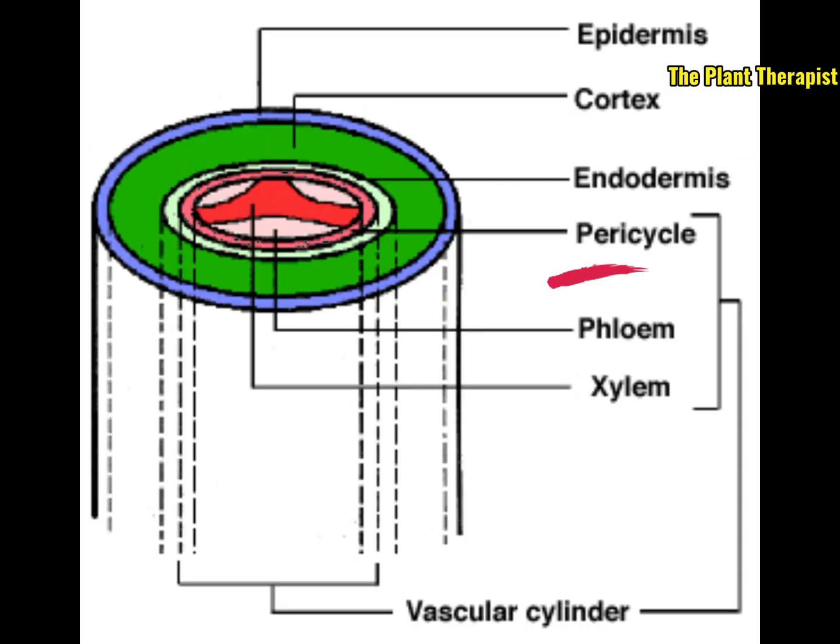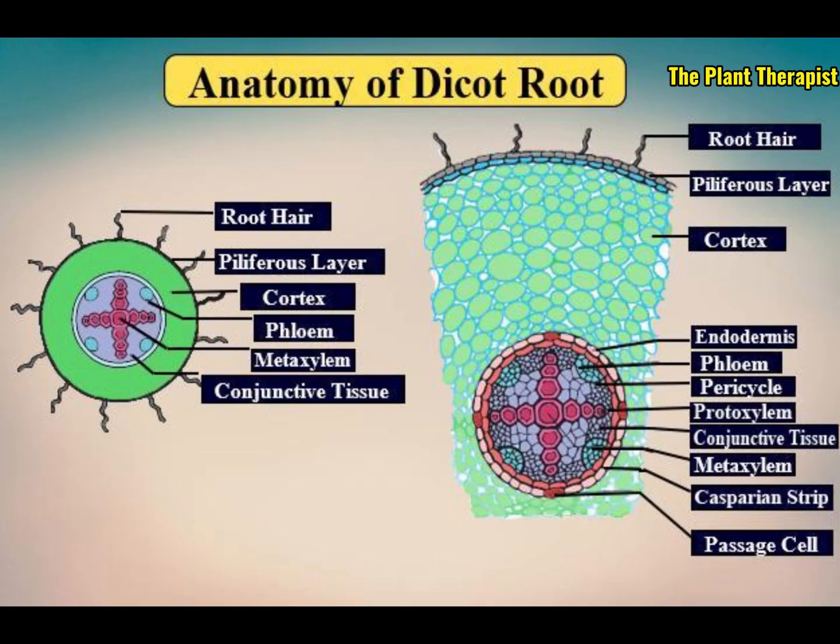This tissue is usually 1 cell wide. The cells of the pericycle may continue to divide even after they have matured. Lateral branch roots and part of the vascular cambium of dicots arise within the pericycle.